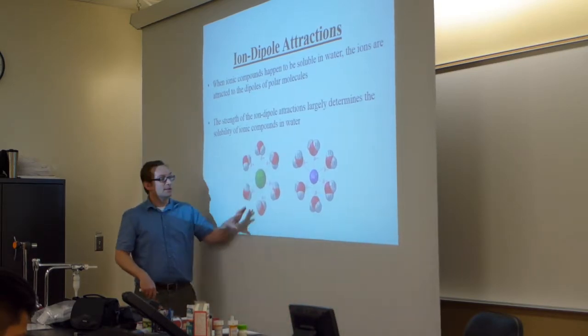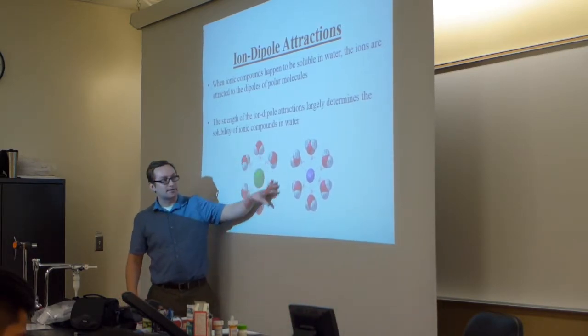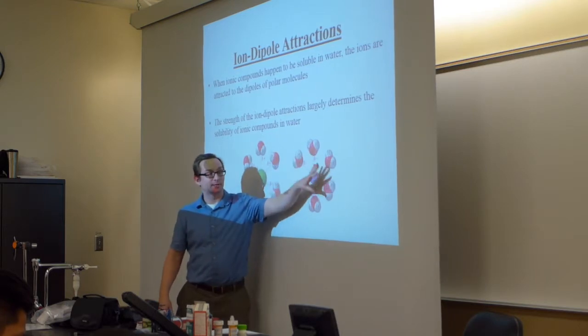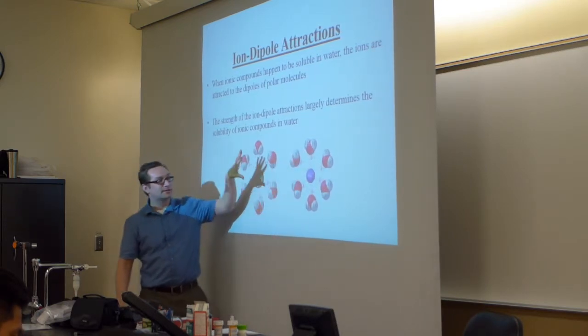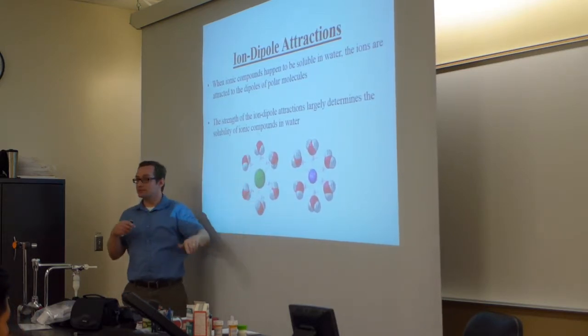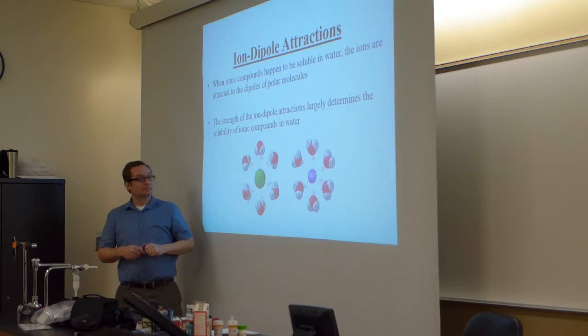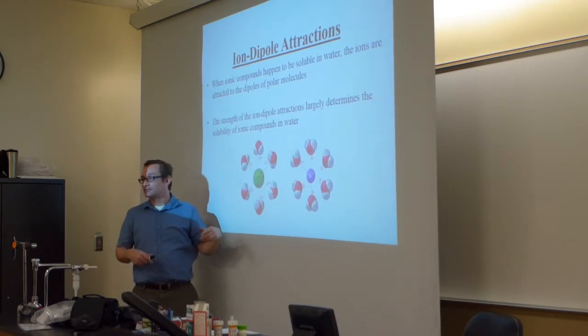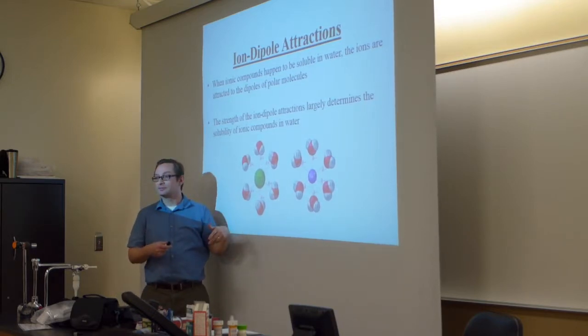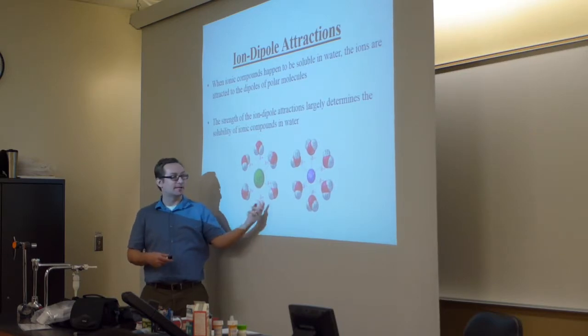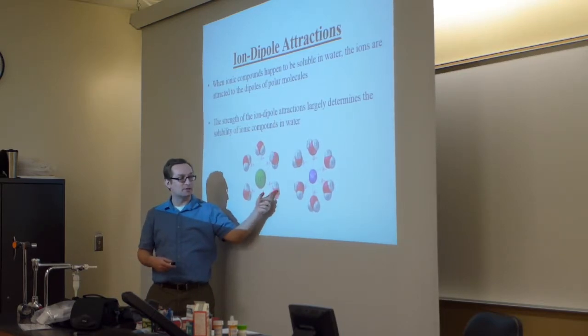So there's a key observation that I want you to make in this picture. What's the difference between this picture and this picture? Does anyone see a main difference? What are the water molecules doing that are different in both pictures? The direction of the waters should appear different to you, right? So here's water, HOH.